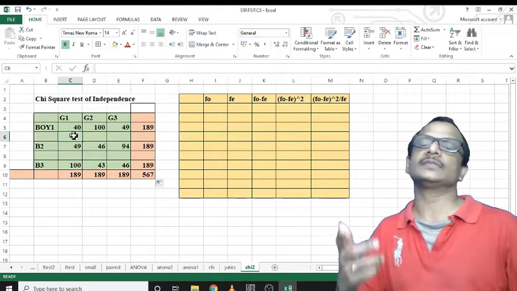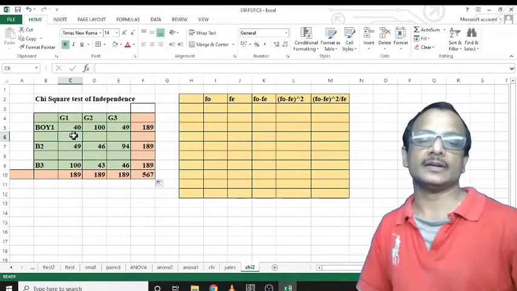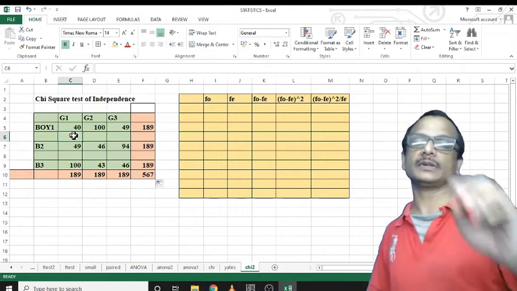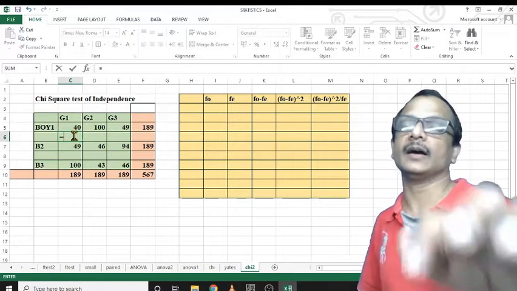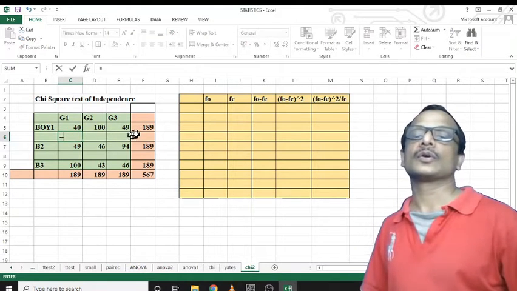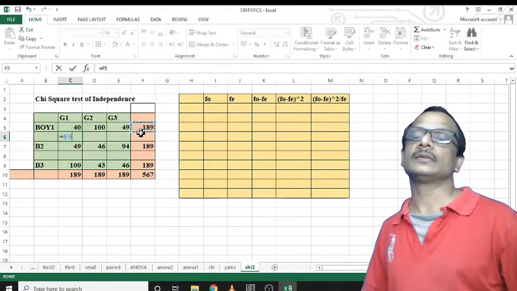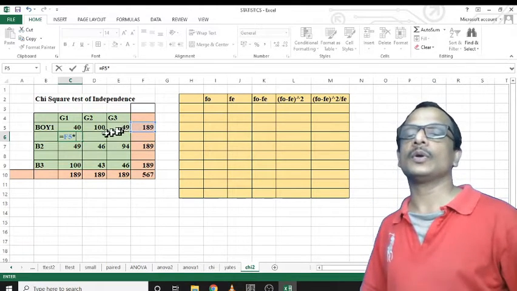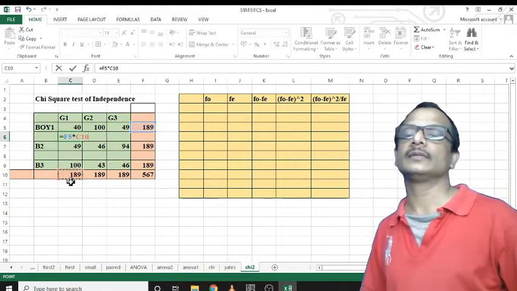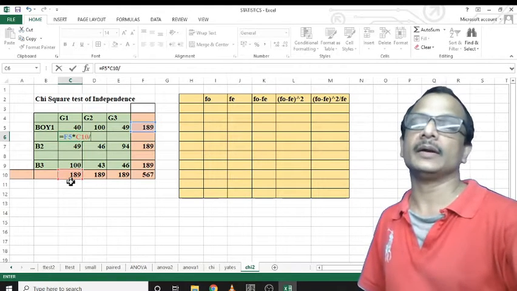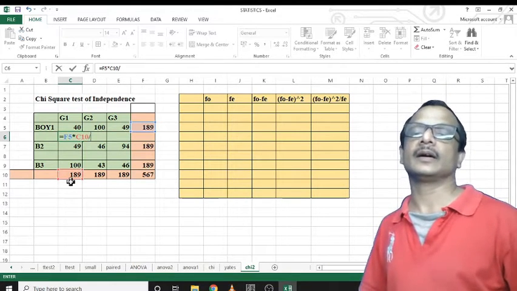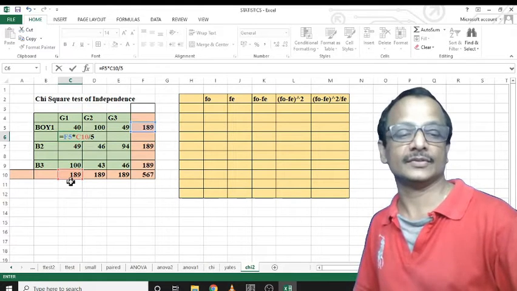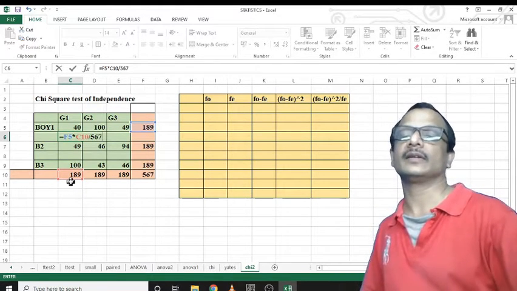But here the calculation procedure is different. Here the formula to find out expected frequency is row total into column total divided by grand total. 5, 6, 7.